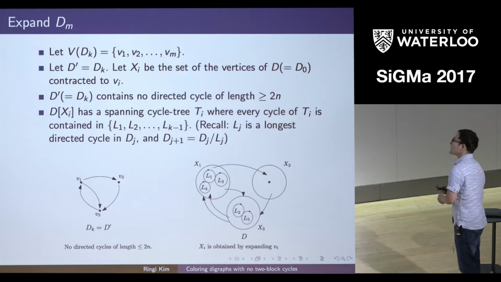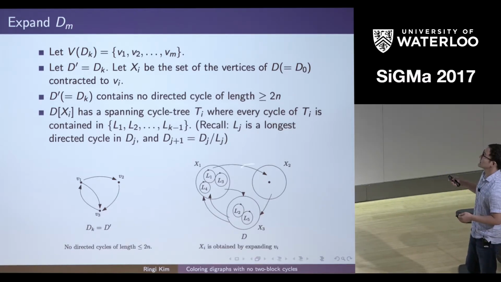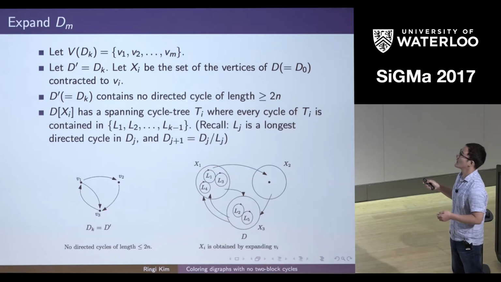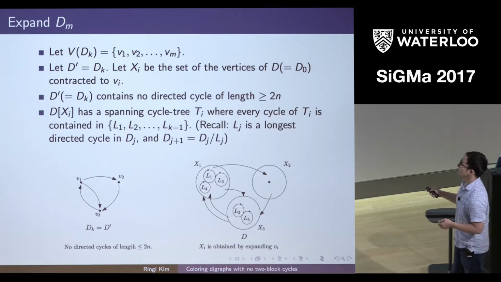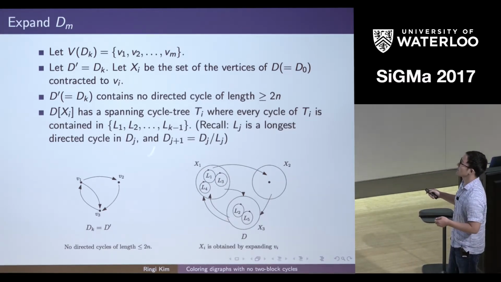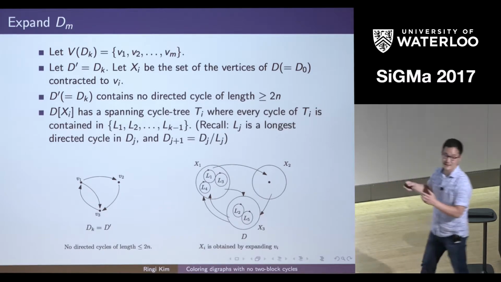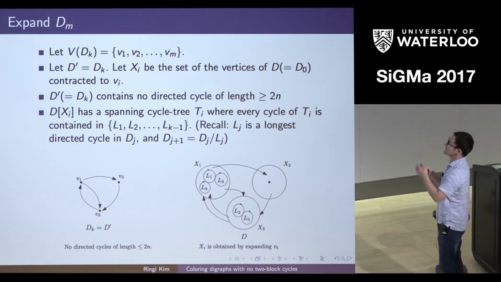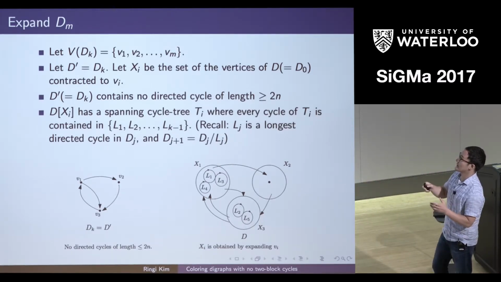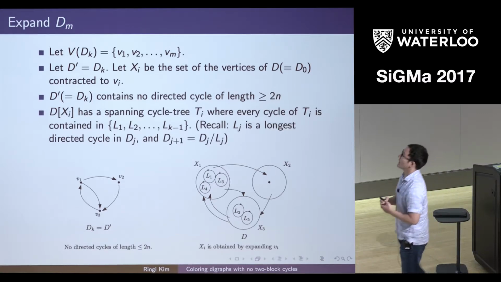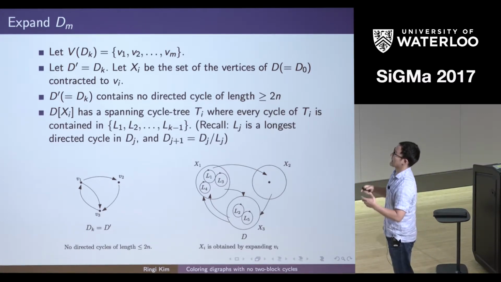And also it turns out that each part has a spanning cycle tree Ti, where every cycle actually comes from this set. Recall that Lj is the longest directed cycle in Dj, and we obtain Dj plus 1 by contracting Lj.